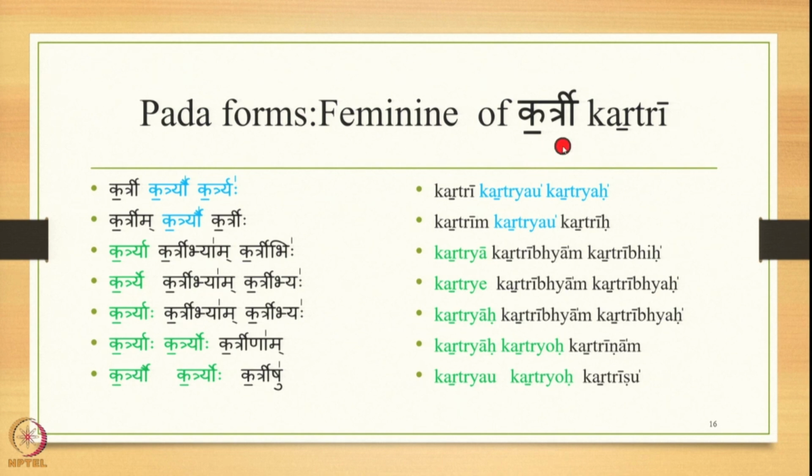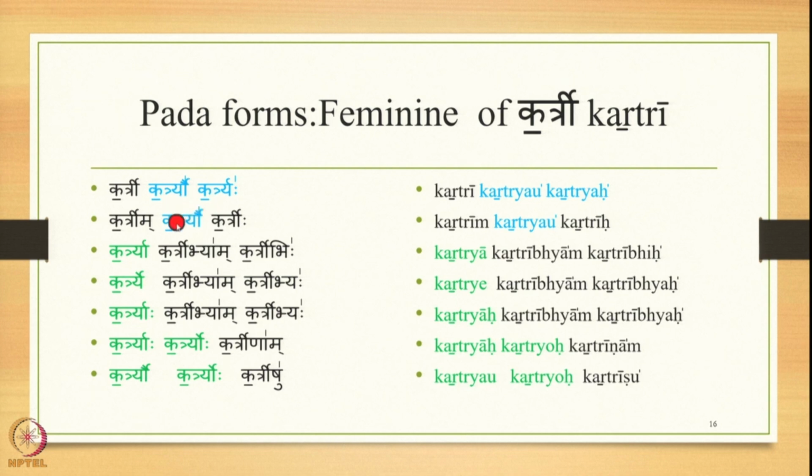Now this E is Udatta followed by the sup suffixes which are by default Anudatta. So we have Kartri plus Au, E being Udatta, and then another rule, Udatta Swaritayor Yanaha Swarito Anudattasya, comes into play and converts this Anudatta into a Swarita.